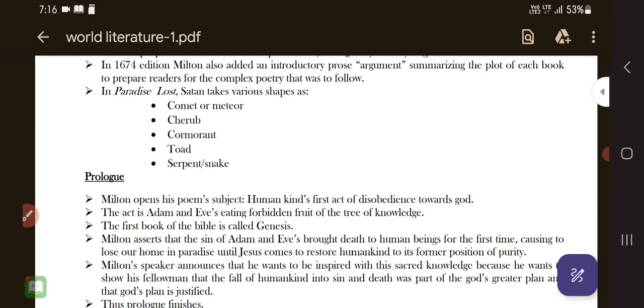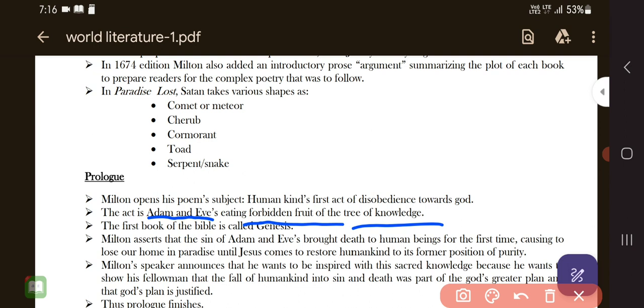Humans are being disobedient towards God. That is what we see in the beginning of Paradise Lost: the act of Adam and Eve eating the forbidden fruit from the tree of knowledge. These two major characters eat a forbidden fruit, which is known as the fruit of knowledge.